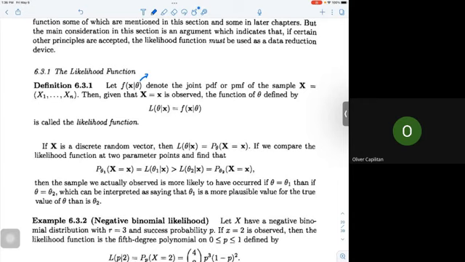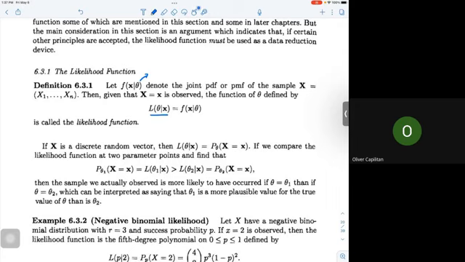While in the likelihood function, this is a function of our parameter theta given our observed sample x. So our observed sample x is fixed, and our theta, which is unknown, is varying over all possible parameter values.